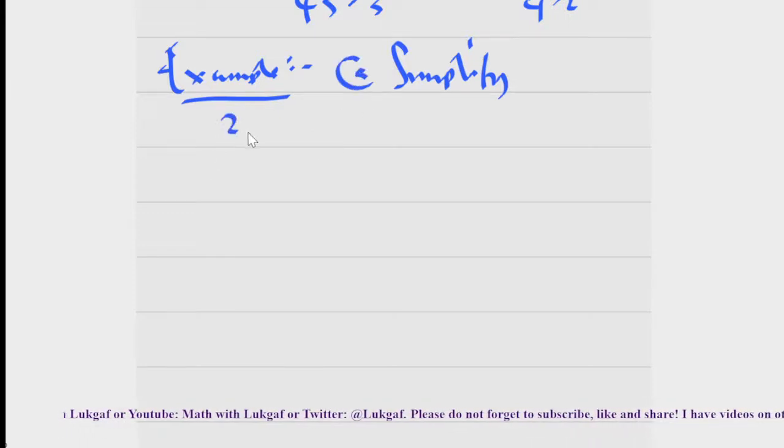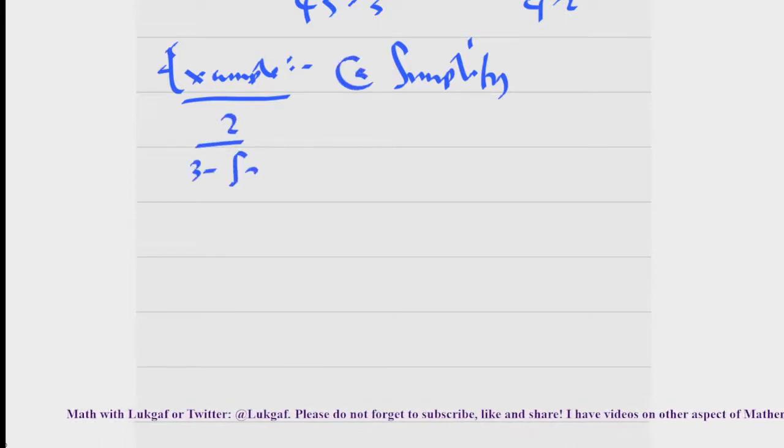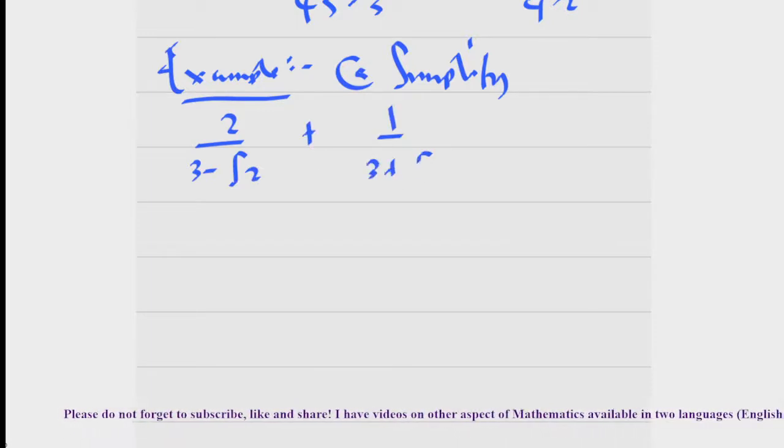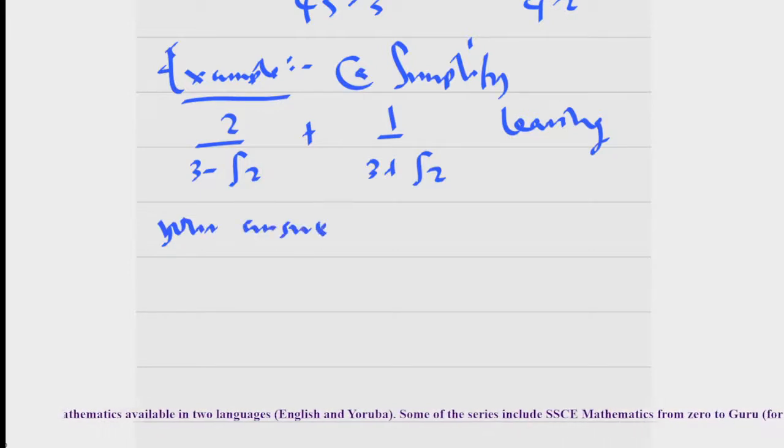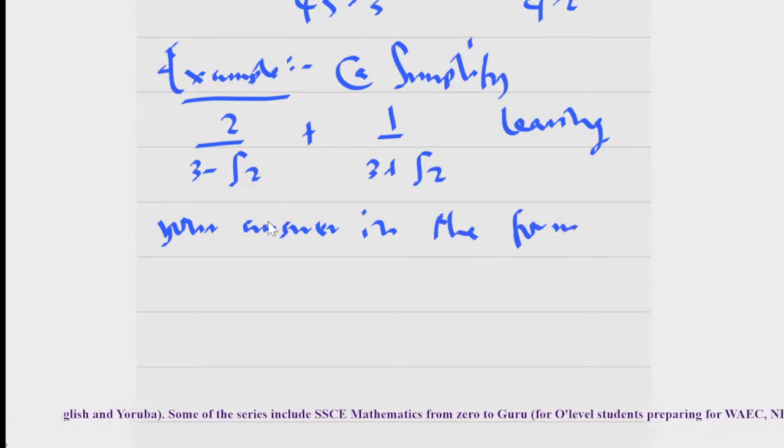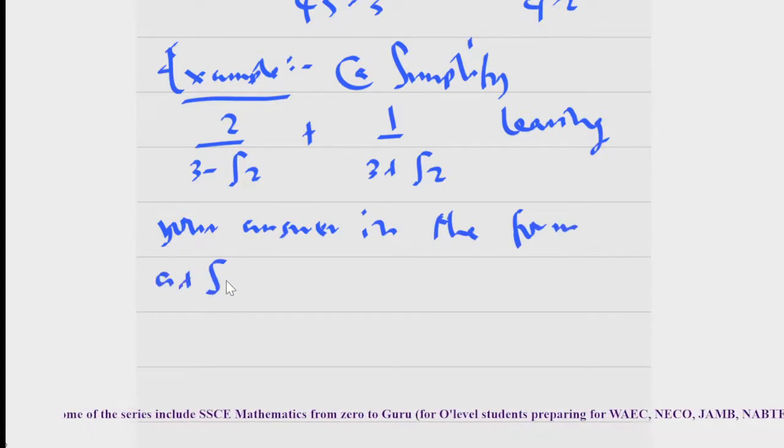Simplify 2 divided by 3 minus root 2 plus 1 divided by 3 plus root 2, leaving your answer in the form a plus b root 2.